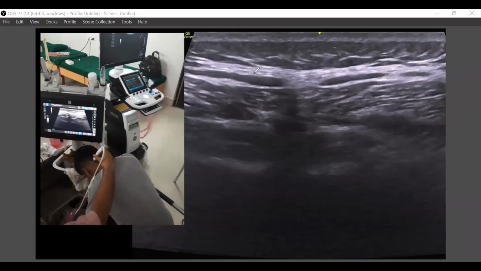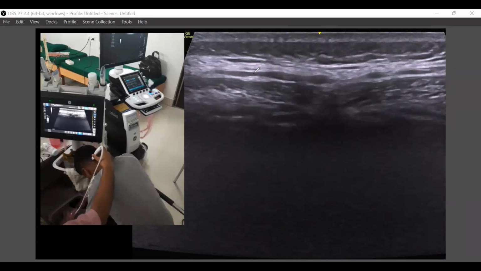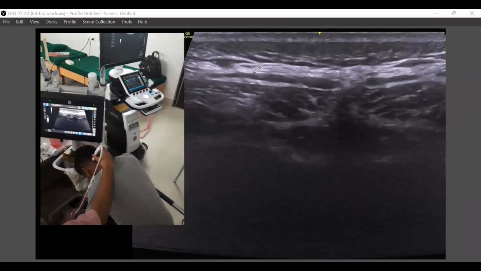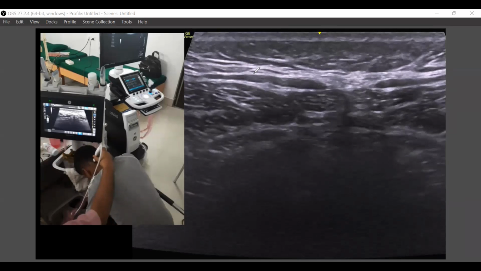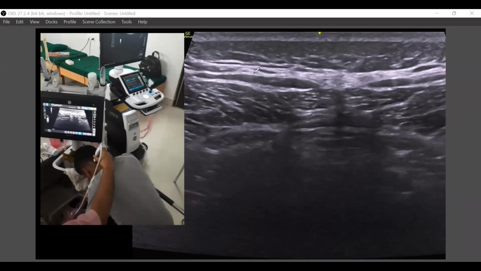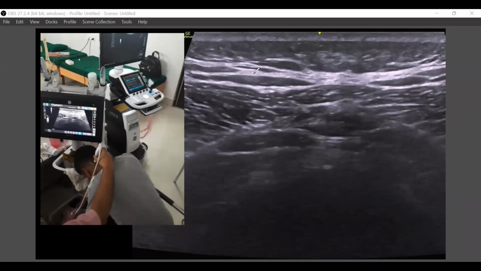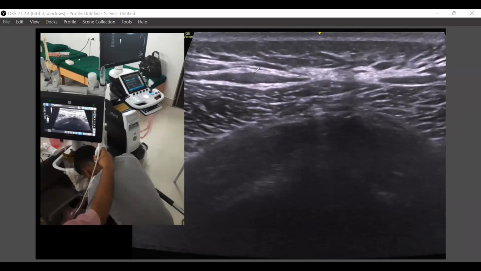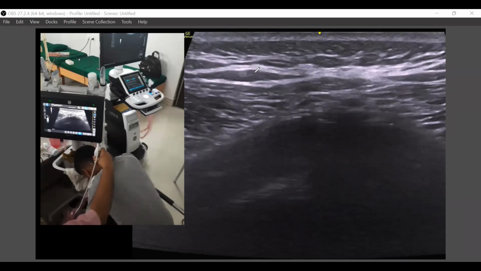Again, from here, the occiput, then if you come a little bit deep, this one, and then this is C1. And when coming down, we'll be able to see the bifid spinous process here, and this is your C2.